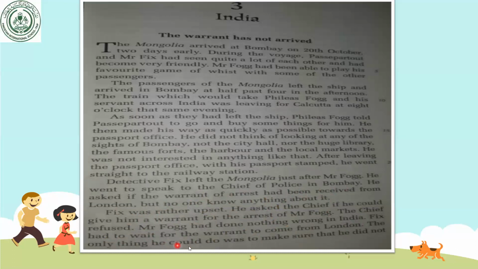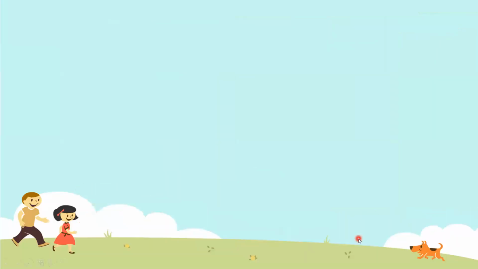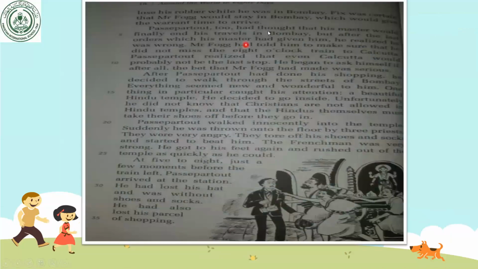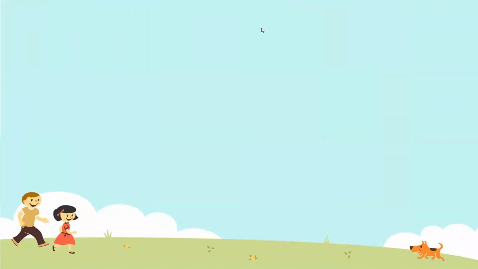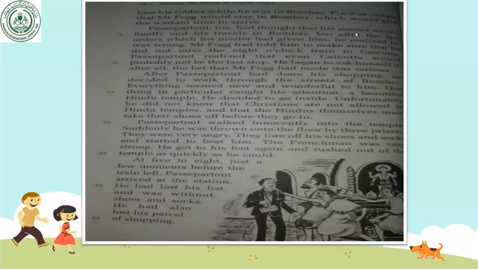The only thing he could do was to make sure that he did not lose his robber while he was in Bombay. Fix was certain that Mr. Fogg would stay in Bombay, which would give the warrant time to arrive.